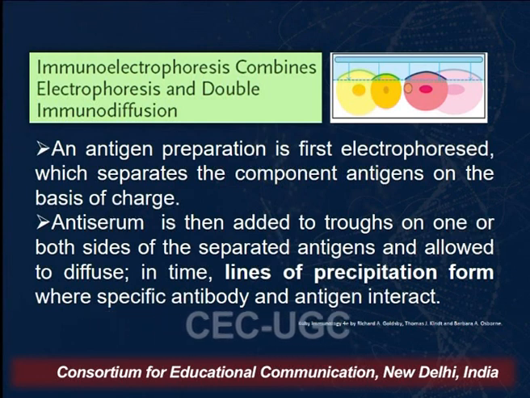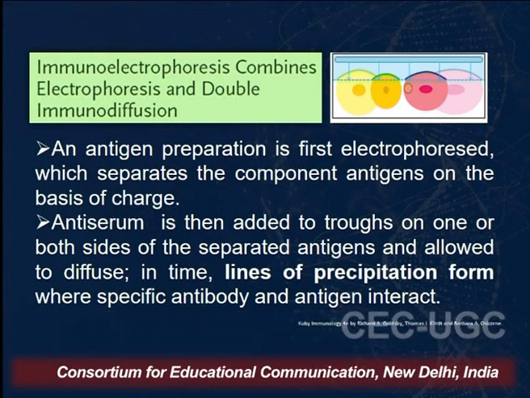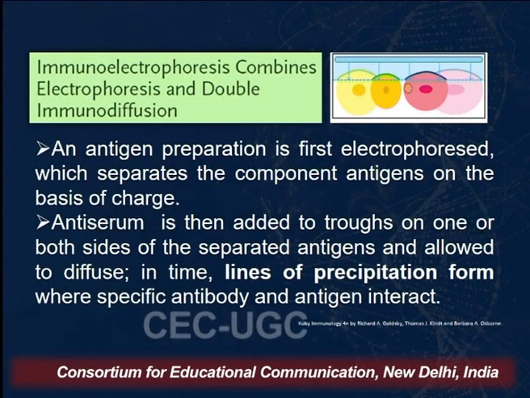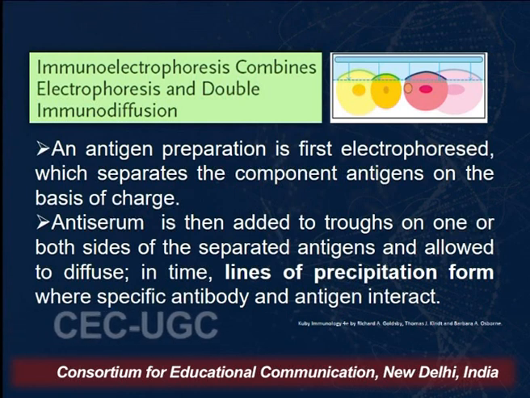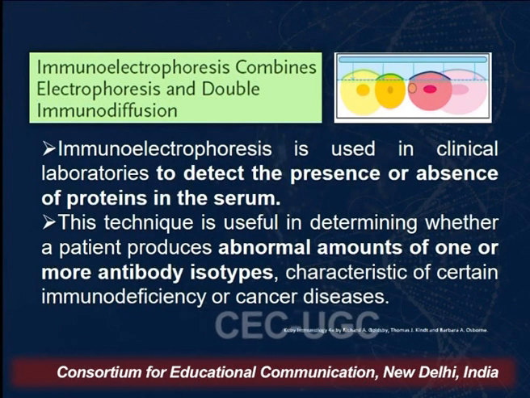The antibody diffuses, and the antigen has already moved to a position based on its charge. At that point, a line of precipitation is formed, where the specific antibody and the antigen interact.